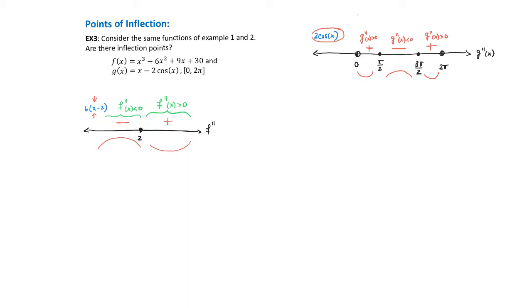Just quickly though, you also have to make sure that the function is continuous at 2, the original polynomial, and polynomials are continuous everywhere in their domain.